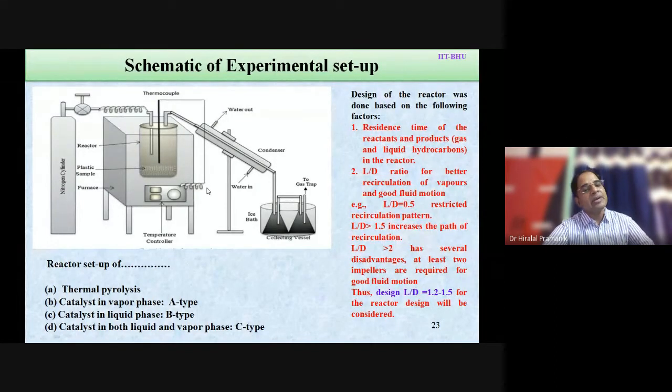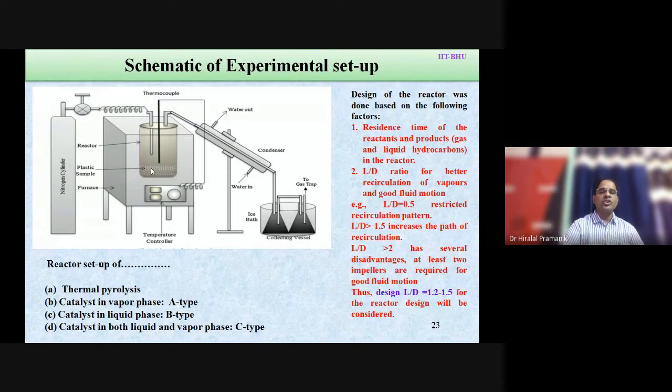And remember, it is not continuously fed. Sometimes in some research they feed nitrogen continuously, but we never feed nitrogen continuously. Once the reaction starts and the pyrolysis temperature is reached, then we stop, because it is only to maintain the inert atmosphere. Initially oxygen is there, and the oxygen needs to be replaced, so nitrogen is purged.